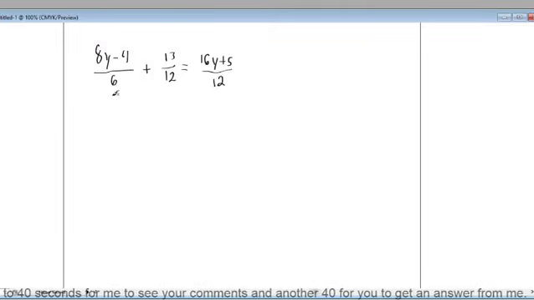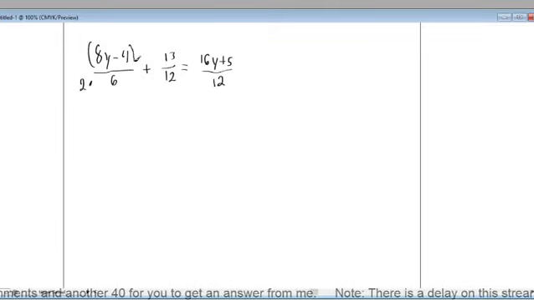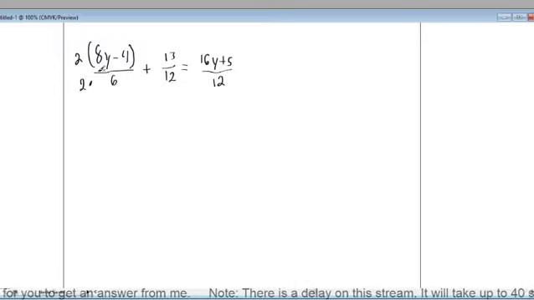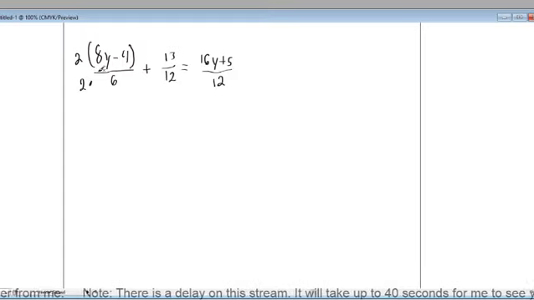So I can easily make this 6 into a 12 if I just multiply it by 2. Of course, I'd need to do the same thing to the top, multiply it by 2 as well, and that will give us a common denominator of 12. And when we do this, something interesting is going to happen in this case. Let me show you what I mean.